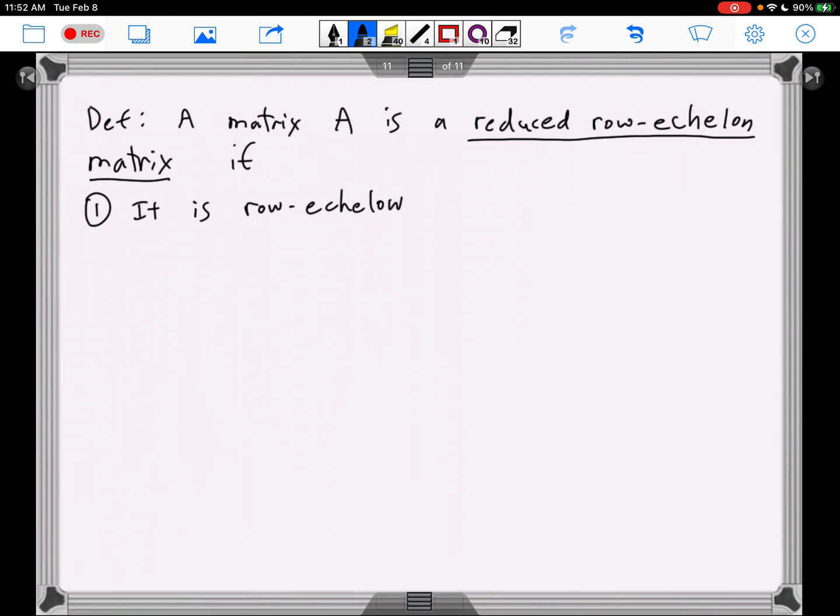Of course, any reduced row echelon matrix has to be row echelon.